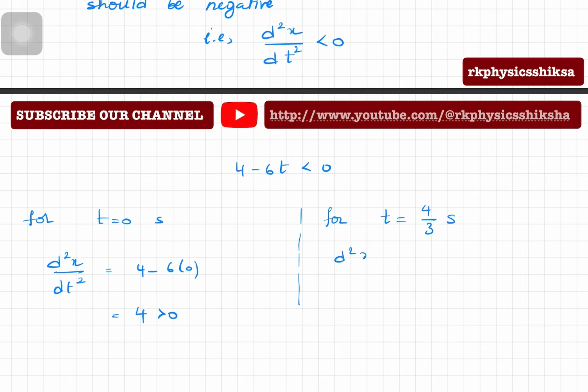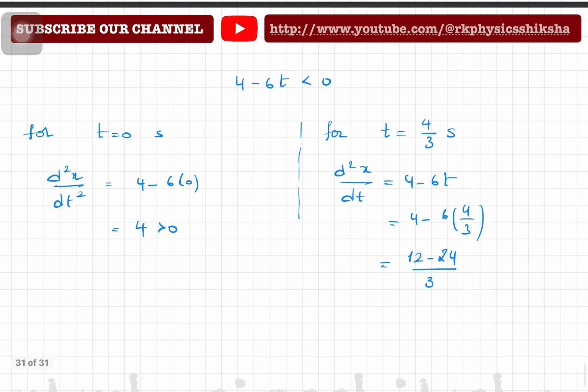For t equals 4 by 3, d square x by dt square equals 4 minus 6 into 4 by 3, which gives 12 minus 24 divided by 3, which is minus 12 by 3, equal to minus 4, which is less than 0. So at t equals 4 by 3 seconds, we will have maxima, because it is negative.